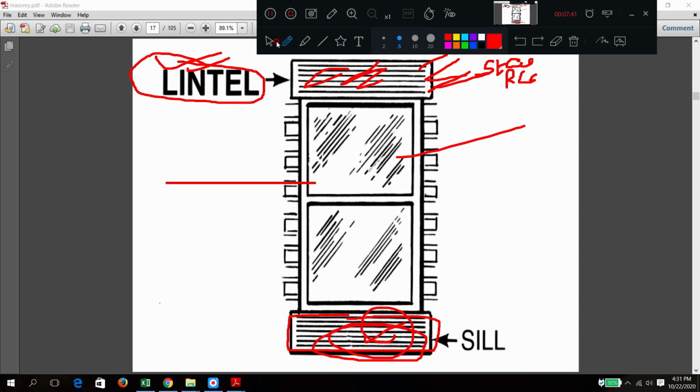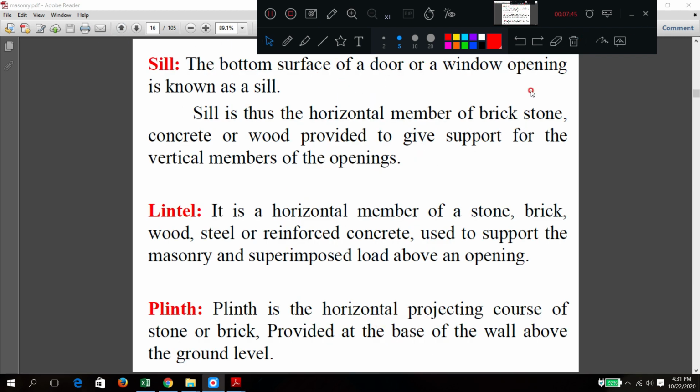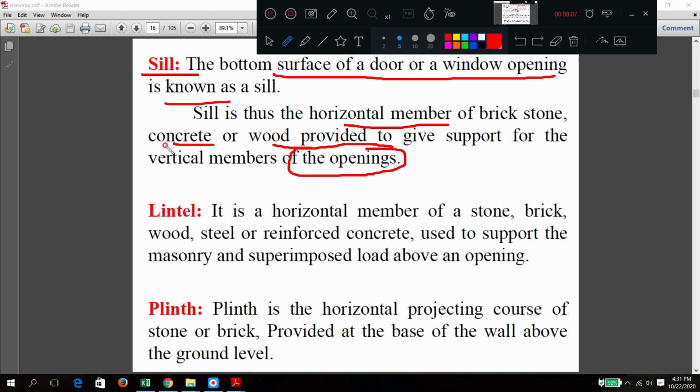Now go back to the text portion and see how they have written it. Sill: the bottom surface of the door or window opening. It is a horizontal member of brick, concrete, wood, anything, provided for openings, which supports the vertical members.